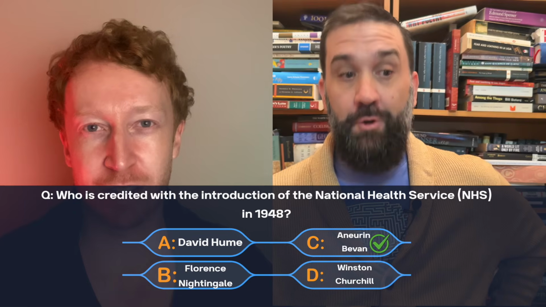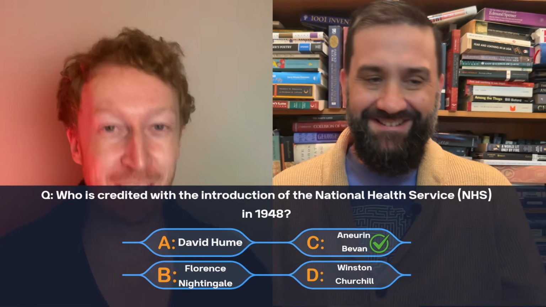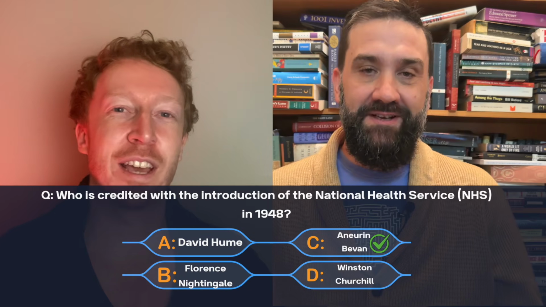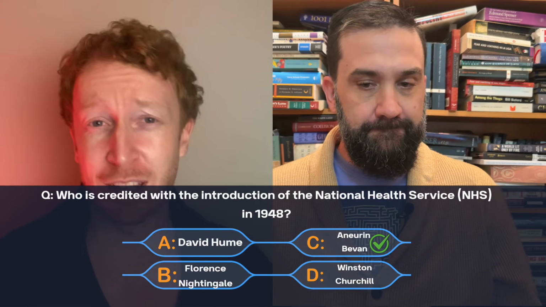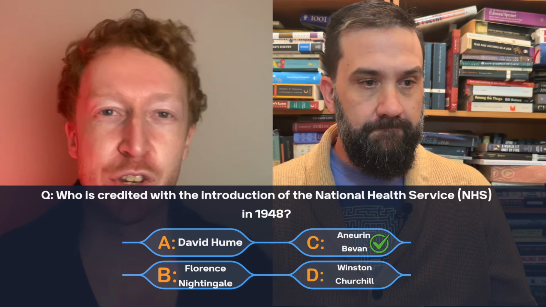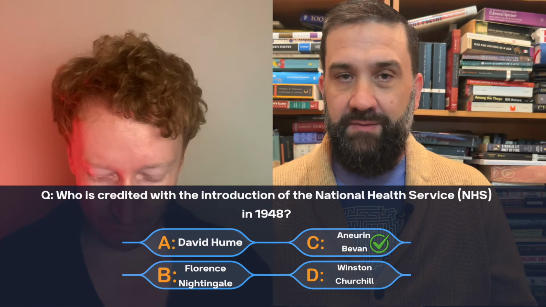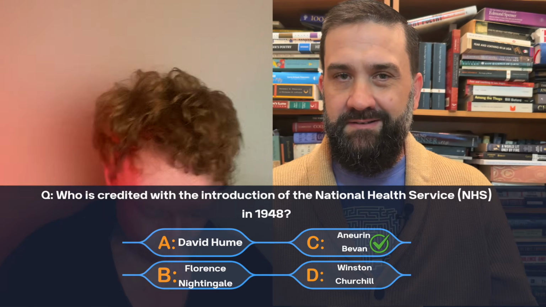You are correct. The answer is C. That's right. Aneurin Bevan. Yeah, if I'm mispronouncing that name, then I am ashamed. Was the Right Honourable Mr. Bevan a member of the Labour Party? Did I get that right?